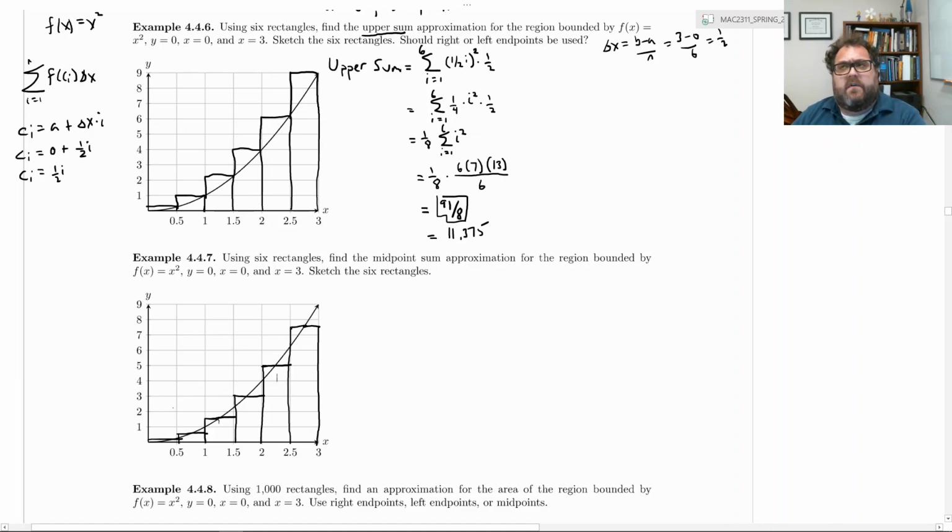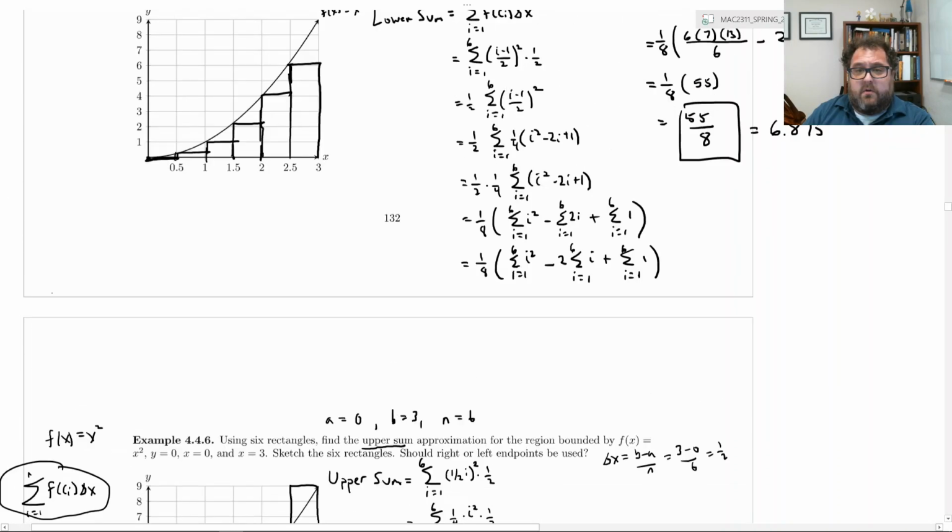Now, how do you find the Riemann sum with the midpoint? In general, the Riemann sum is just this. The only thing that changes now that we're doing a midpoint sum is the c sub i value. So we're still doing the sum from i equals 1 to n of f of c sub i times delta x. The only thing that's different is c sub i, the way we calculate it. Let's see. If you want to go back up a page or so.